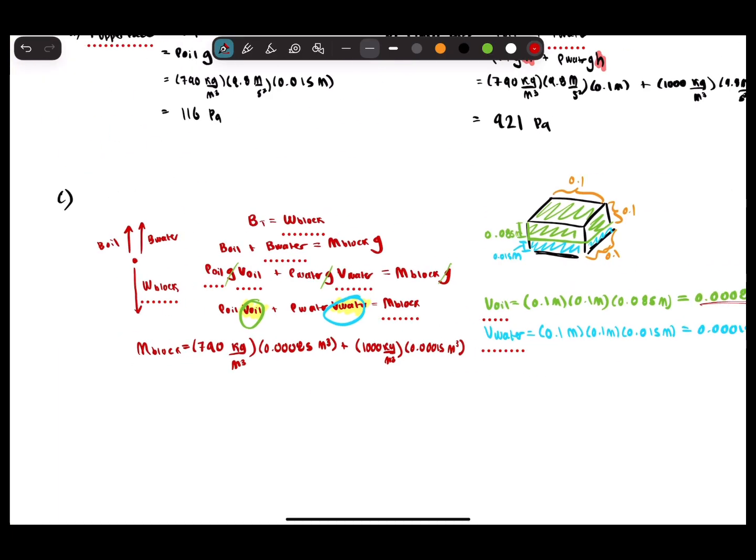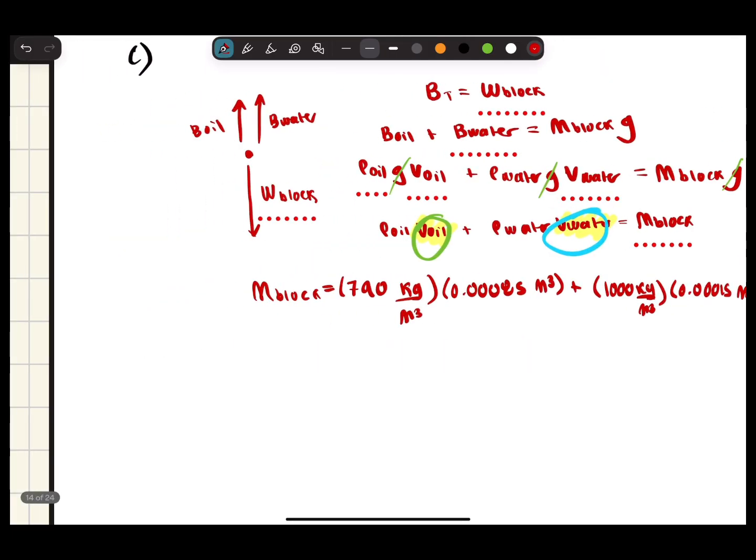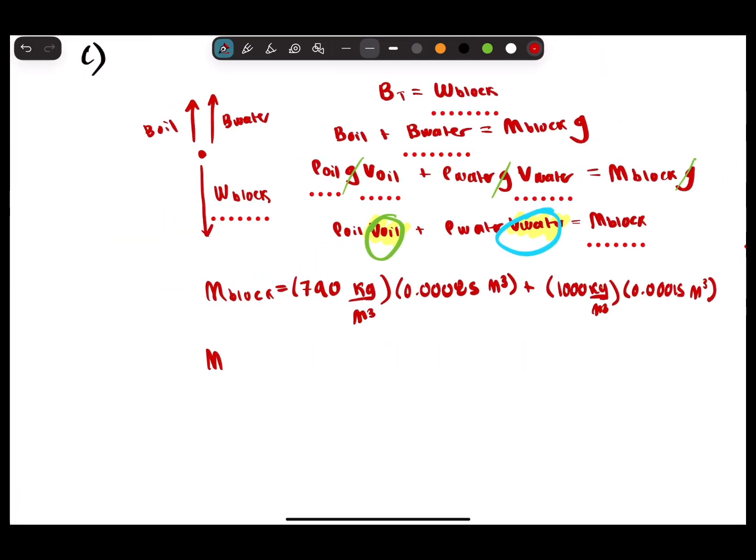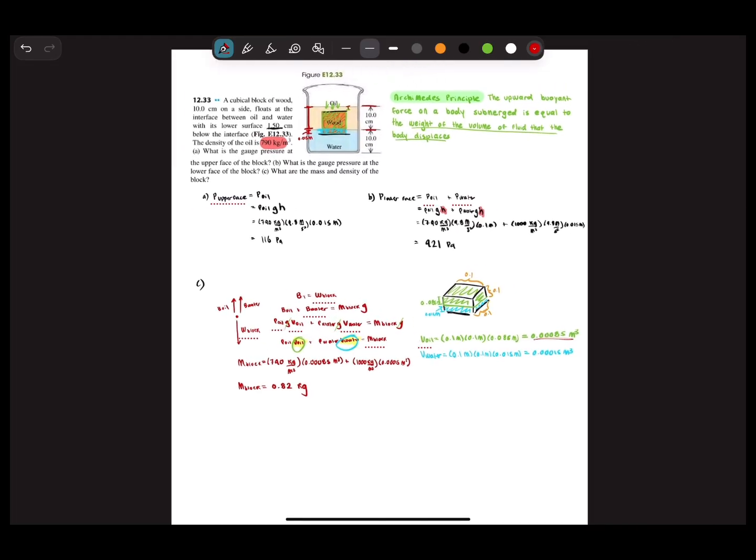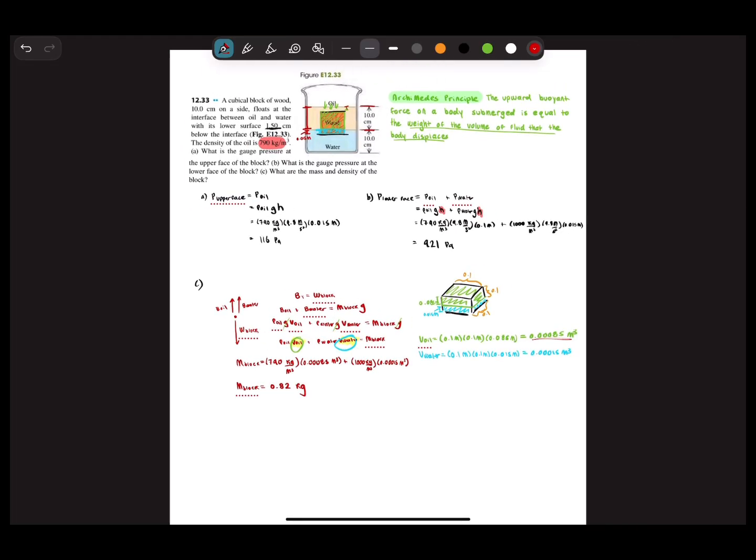Okay, so I'm going to calculate that. You should get that the mass of the block is 0.82 kilograms. So we just solved the first part of part C.